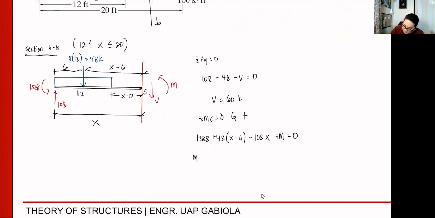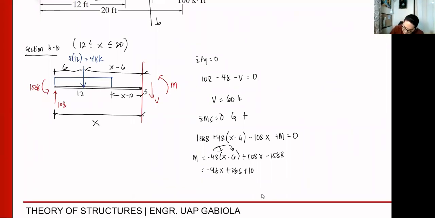So, let's combine what can be combined. Here, I'll just transpose everything first. So we have negative 48 times x minus 6, plus 108x minus 1588. Simplify, distribute this. Minus 48x plus 48 times 6, that is 288.